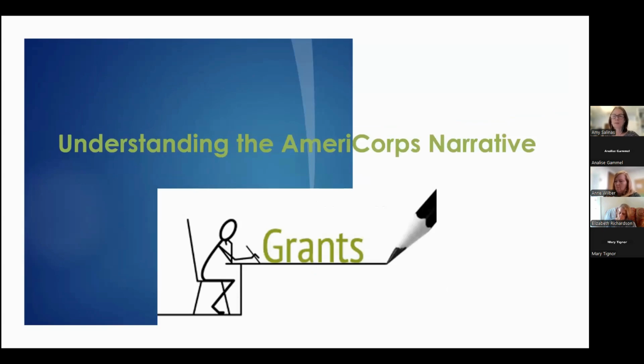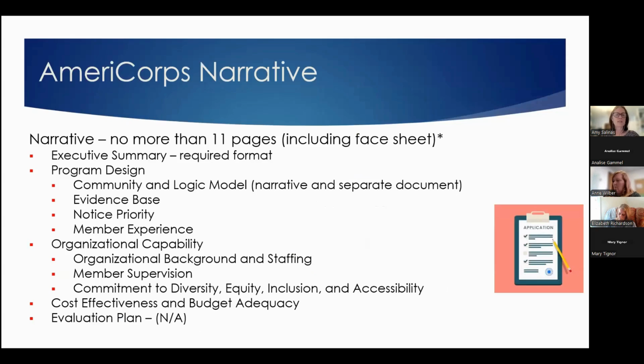So we're going to spend some time talking about the narrative, and I'll pause at some point soon to see if y'all have any questions. And if you have questions, also don't hesitate to put them in the chat. So the AmeriCorps narrative is broken up into the sections you see here, which we're going to go into. Again, no more than 11 pages, including the face sheet. The commission will be issuing their notice of funding opportunity or request for applications, and they might have some varied elements in their application that may be a little different from what you see here, but for the most part, it will be the same.